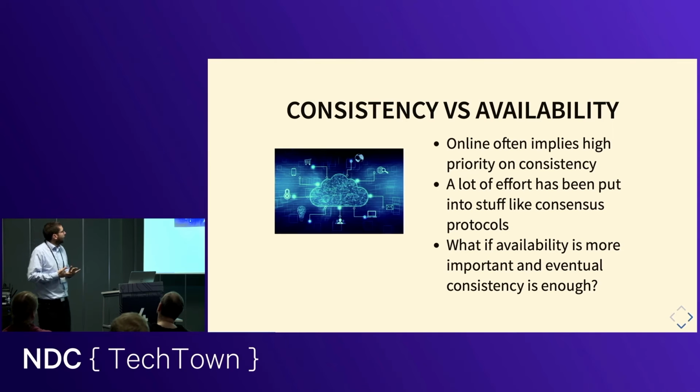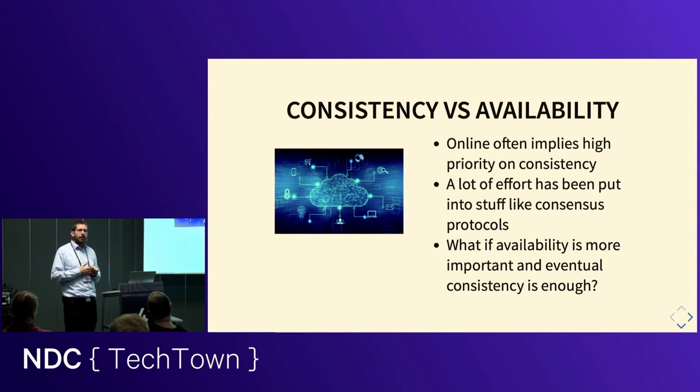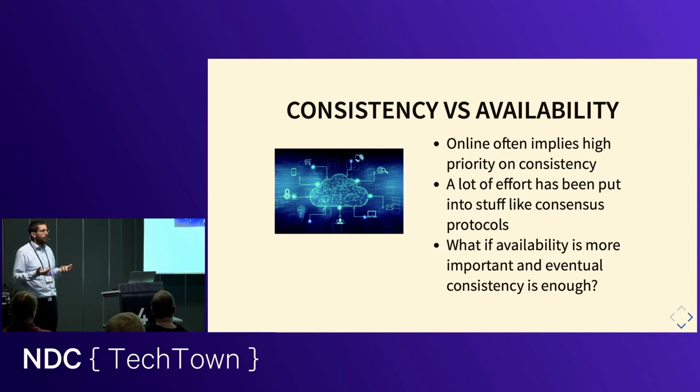But for other applications, availability is more important. I work for defense and aerospace, right? So that's the part of Kongsberg where things can blow up. And if half your system has been blown up, the other half should continue working.